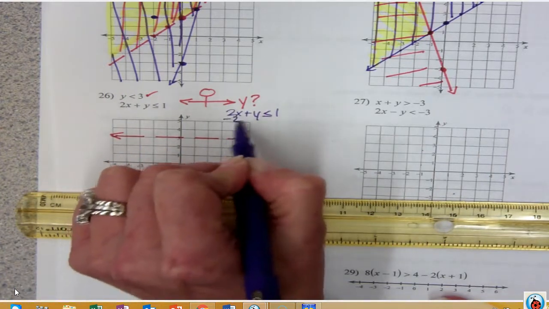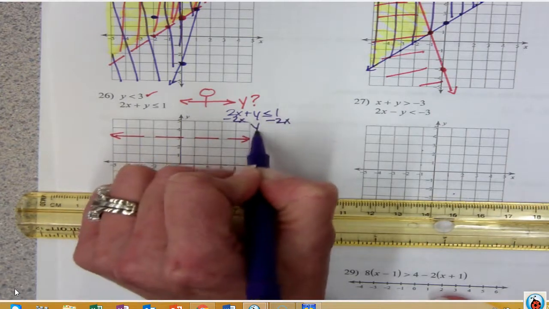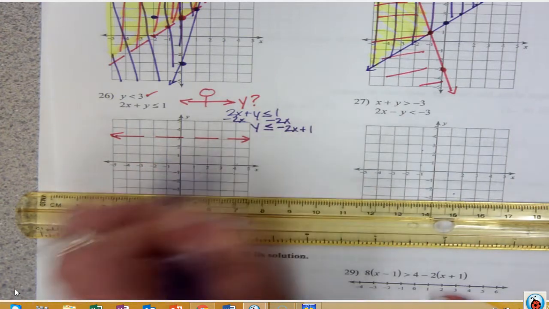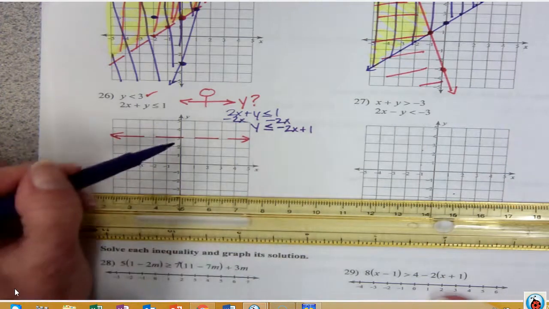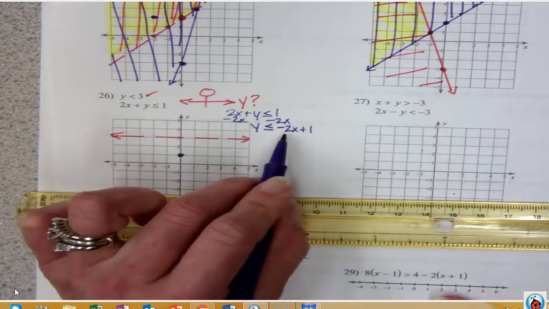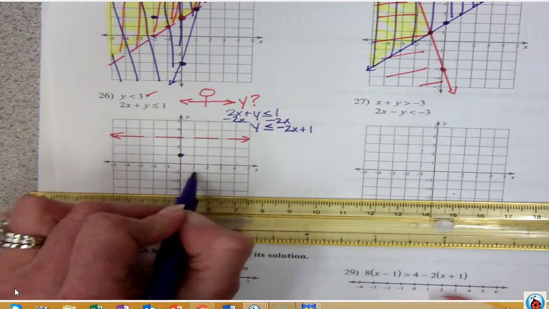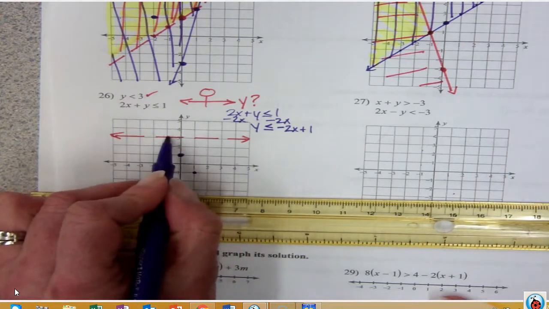I'm going to subtract 2x because I've got to get y by itself. Y is less than or equal to negative 2x plus 1. You see that? So I'm going to go to positive 1, which is my y-intercept. My slope is negative 2, so positive over a negative.